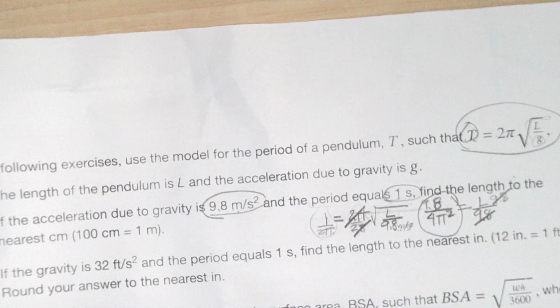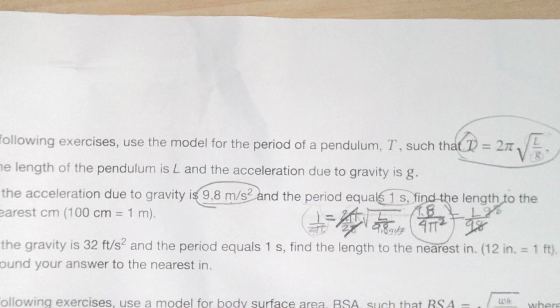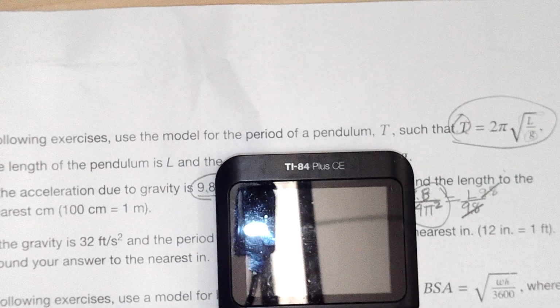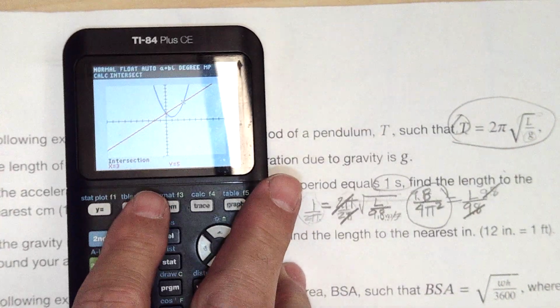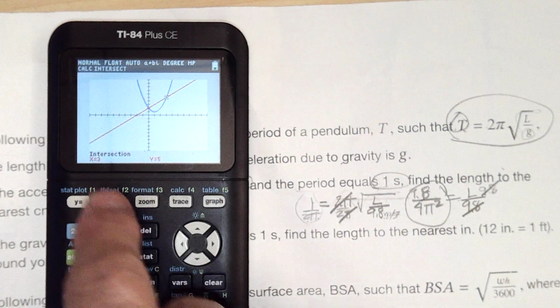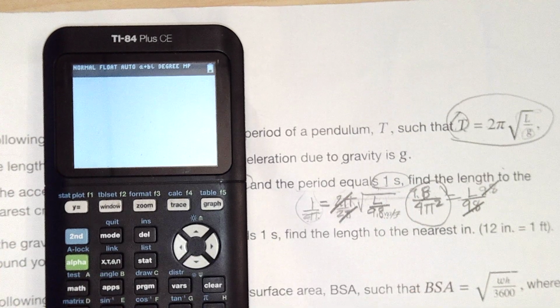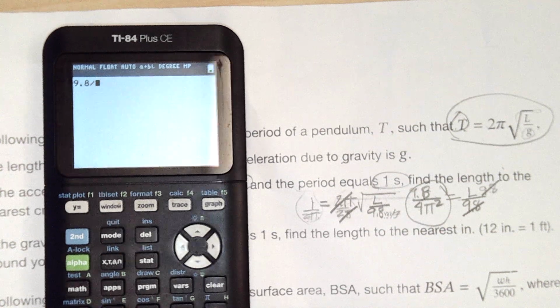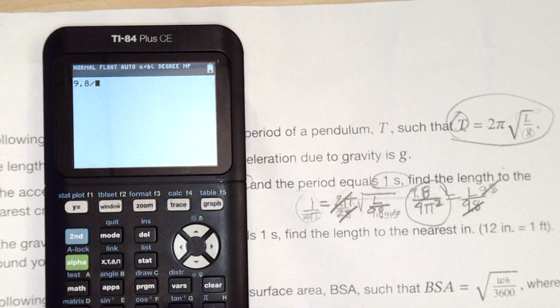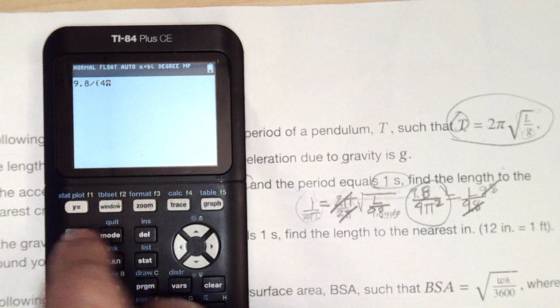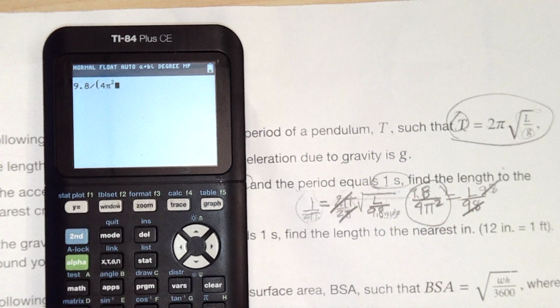So grabbing my calculator. Let's see, there we go. 2nd quit, clear. 9.8 divided by, and there's two things in the denominator, so I better put them in parentheses: 4 pi squared.